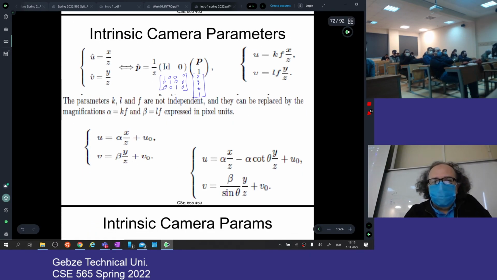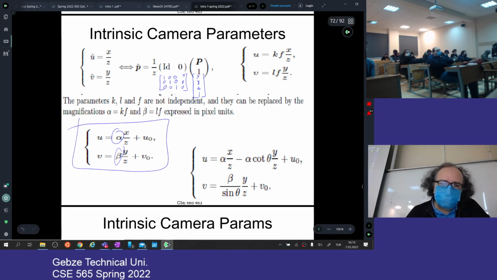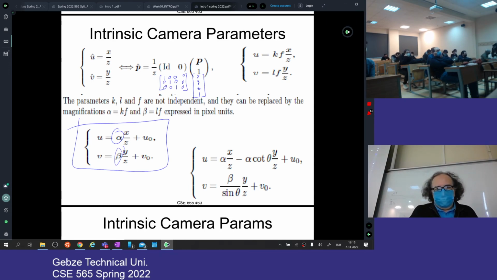By the way, alpha is k times f, beta is l times f. Okay? So my equation becomes this. As you see, this is not a linear equation, of course, but we are going to find ways of linearizing this later in a few minutes.